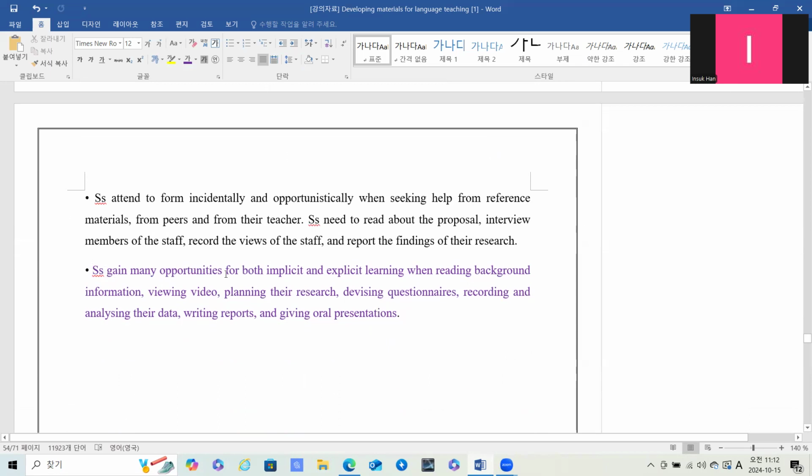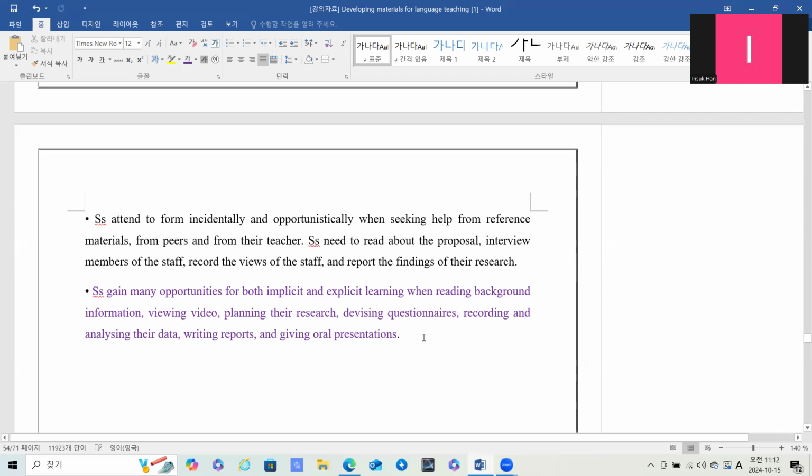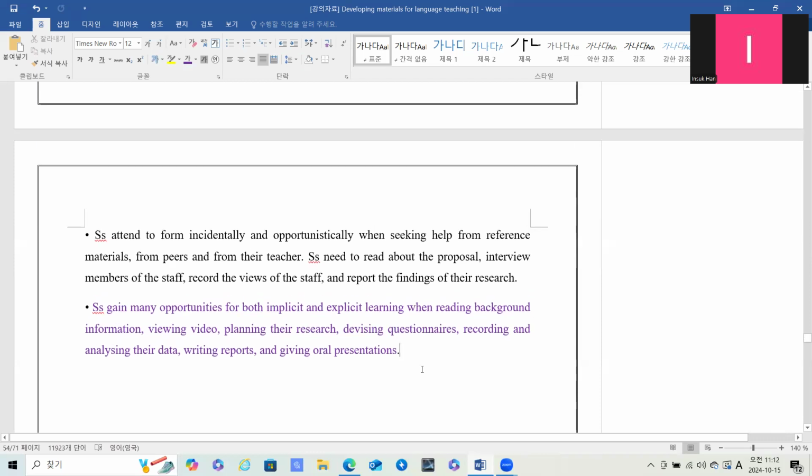The students gain many opportunities for both implicit and explicit learning when reading background information, viewing video, planning their research, devising questionnaires, recording and analyzing their data, writing reports, and giving oral presentations to complete their project. Sometimes the students can go outside the school, so they can interview some persons to gather real data, or they can sometimes get some new materials to make their own subject.